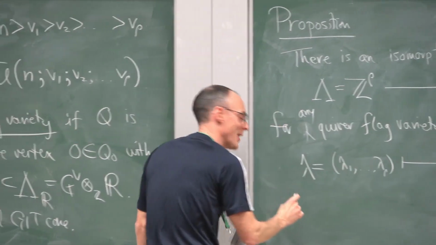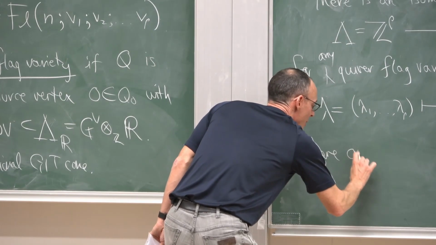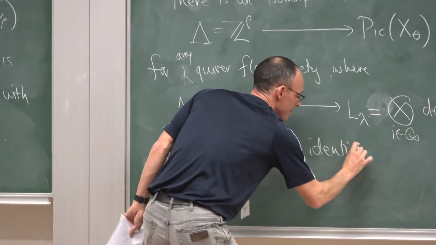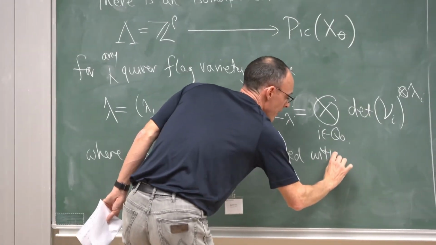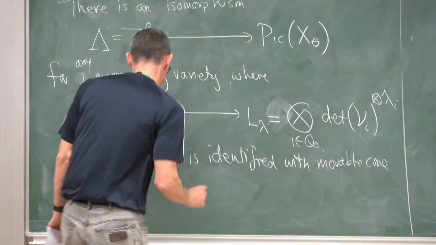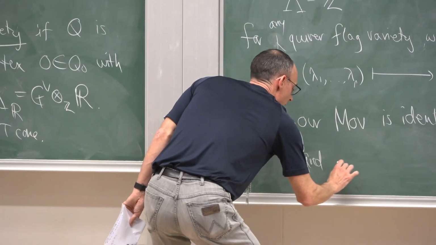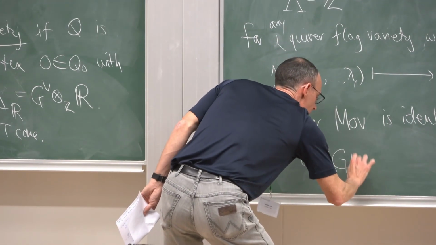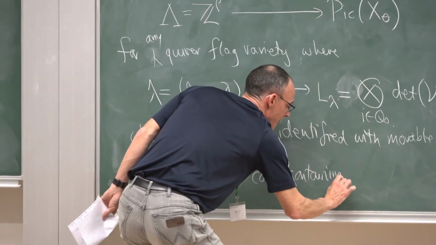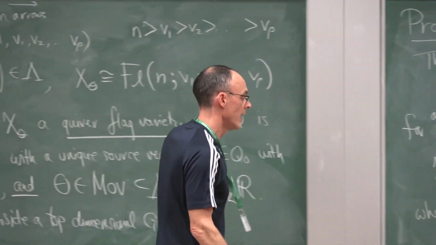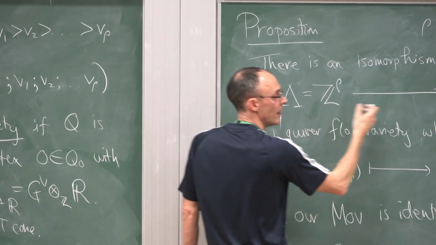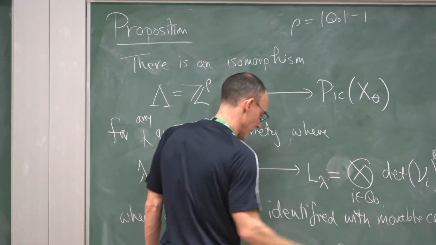Where, and I'm not quite sure how to write that, our MOV is identified with the movable cone in the sense of geometry. And the GIT cone containing whatever our theta is, which lies in the movable cone, and in particular the characters in it, is identified with the collection of all ample line bundles.